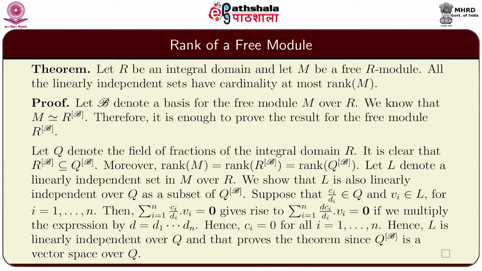So, we have a linear combination of the elements v_1, v_2, ..., v_n, but over Q, and this expression gives rise to summation i equal to 1 to n of d c_i/d_i times v_i equal to 0, if we multiply the expression by d, which is the product of d_1, d_2 and so on up to d_n. Hence, c_i is 0 for all i equal to 1 to n, from the linear independence of the set L. Therefore, L is linearly independent over Q, and that proves the theorem, since Q ⊗ B is a vector space over the field Q.